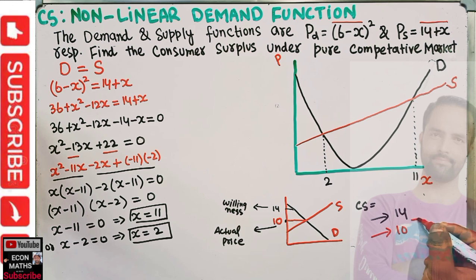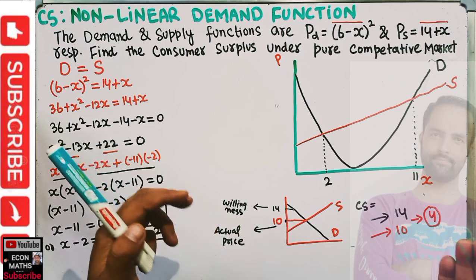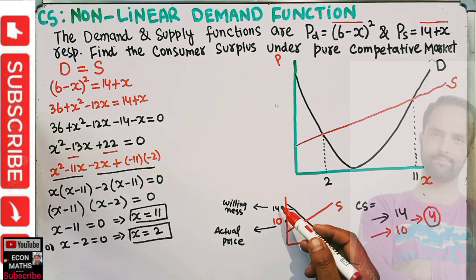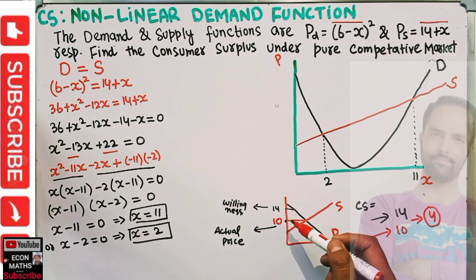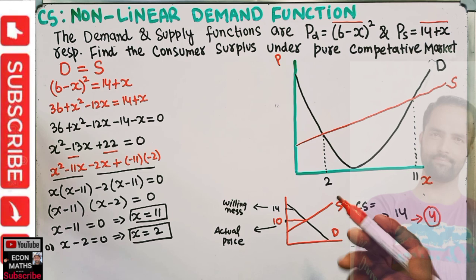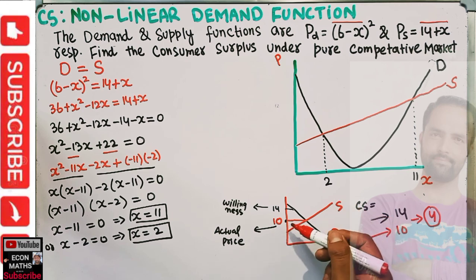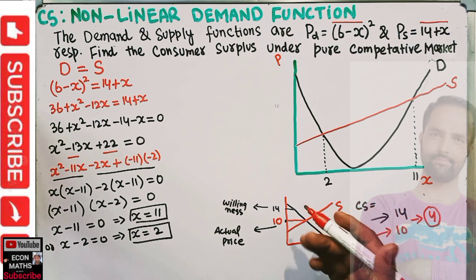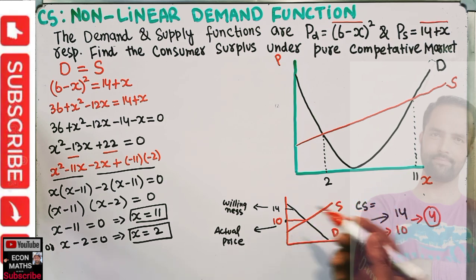Here we can see there is a consumer surplus of 14 minus 10, so $4. The consumer is thinking, I have saved $4, because I was willing to pay a price of 14, but I am only paying the market price of 10.